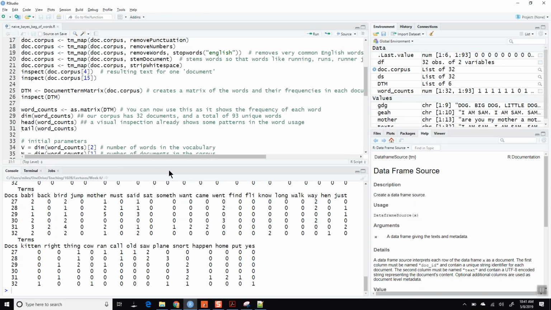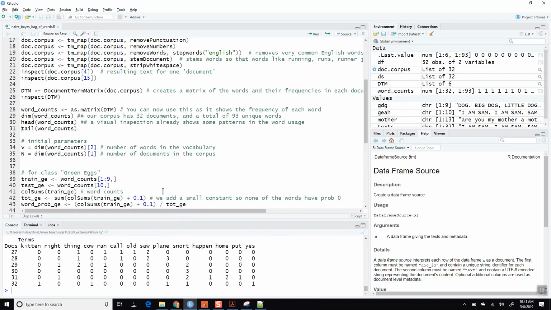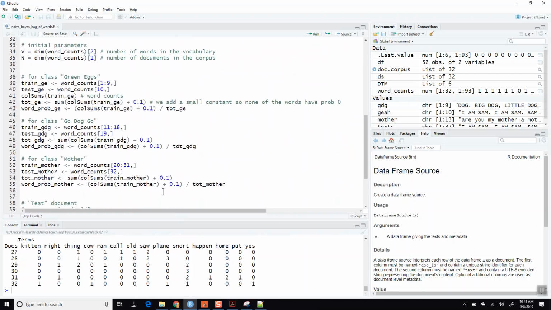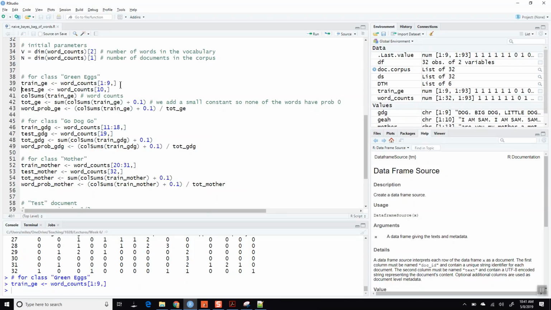So that's our entire corpus, and maybe I'm cheating a little bit because I'm doing the full thing into our document corpus, and you'll see different opinions on how you should do your document corpus. But I'm going to go ahead and just say for Green Eggs and Ham, we'll take the first 9.